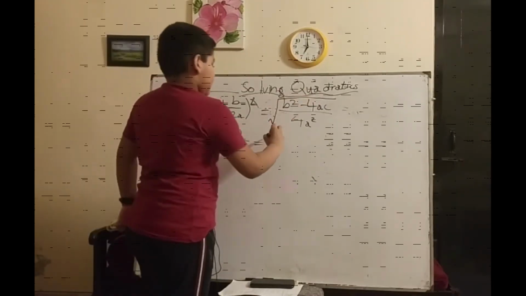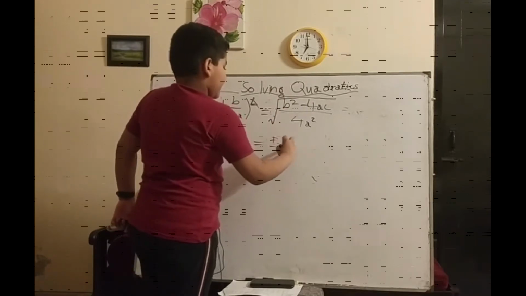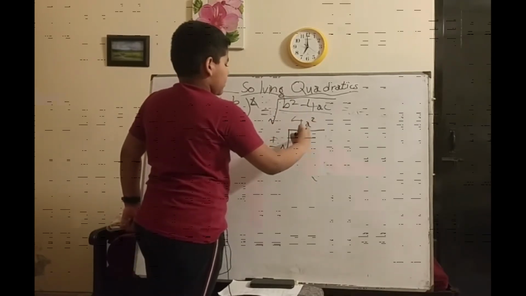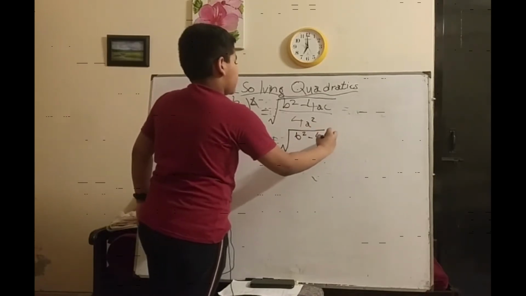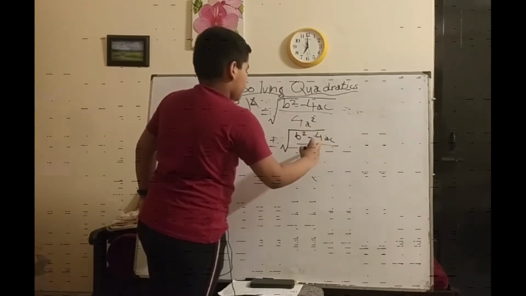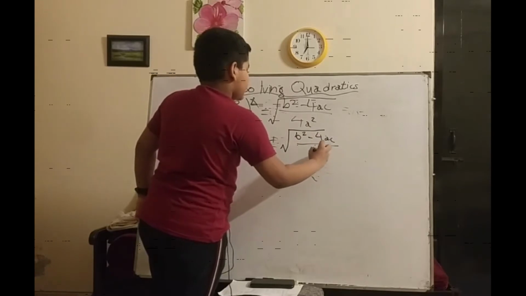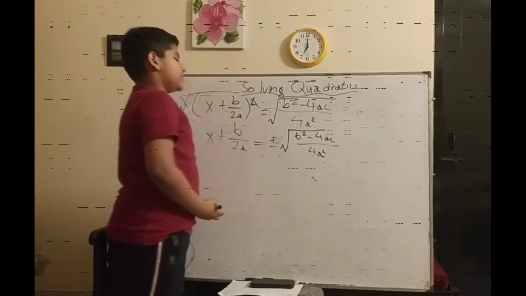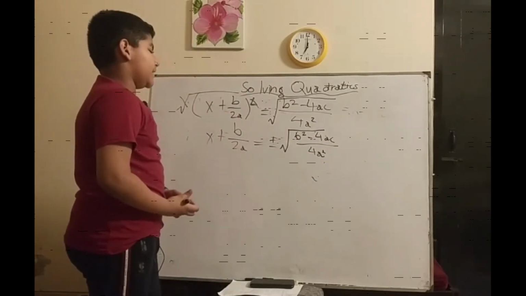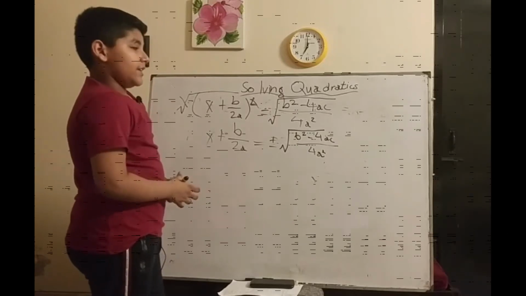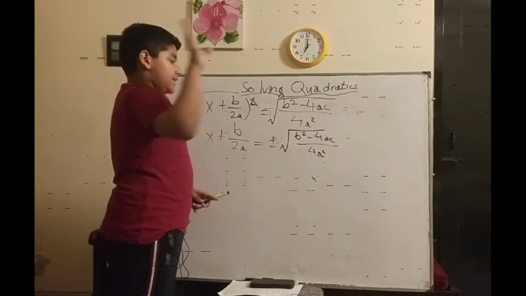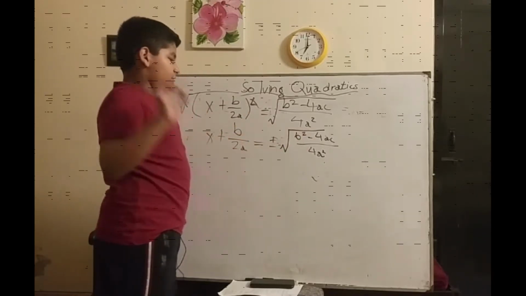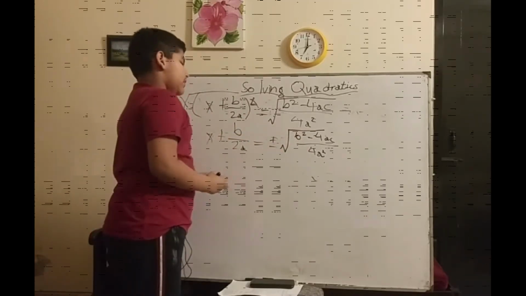Now since this is a square root, we can write it as plus or minus the square root of b squared minus 4ac over 4a squared. Now you might be thinking, you didn't exactly solve it, you just added the plus or minus. But remember, this change is very important.